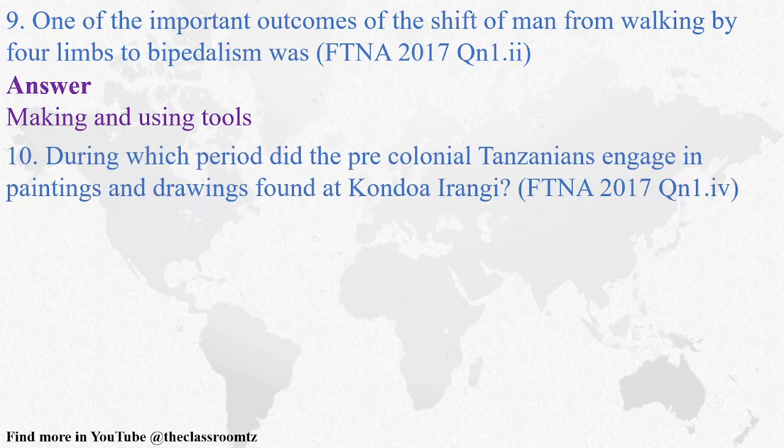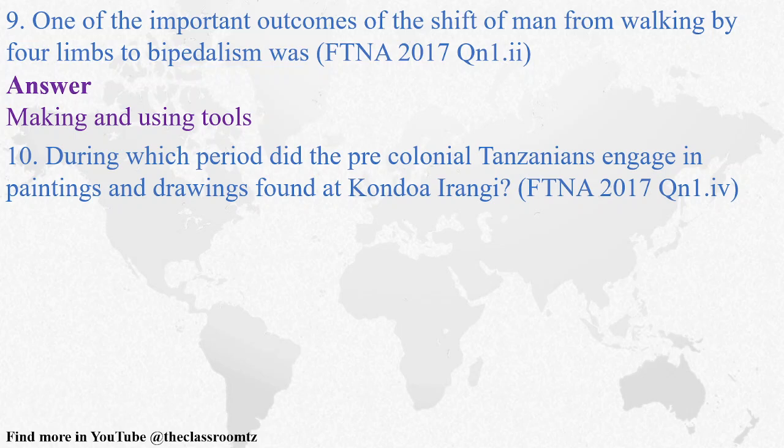During which period did the pre-colonial Tanzanians engage in the paintings and drawings found at Kondoa Irangi? Among all the famous historical sites we have, I can ask you where Kondoa Irangi is found. In which region? Make sure you know where to find Kondoa Irangi. Kondoa Irangi is found in Dodoma.